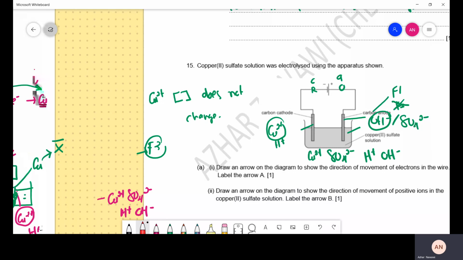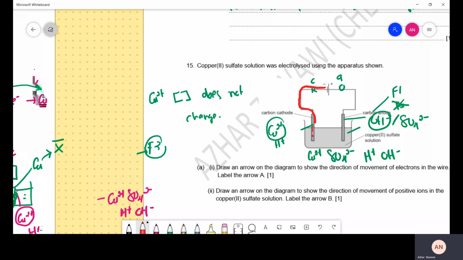Now you need to understand the movement of electrons. In electricity, electrons flow, and electrons are negative, so they start from the cathode because the cathode is negative. The electrons come here, that's why this becomes negative.